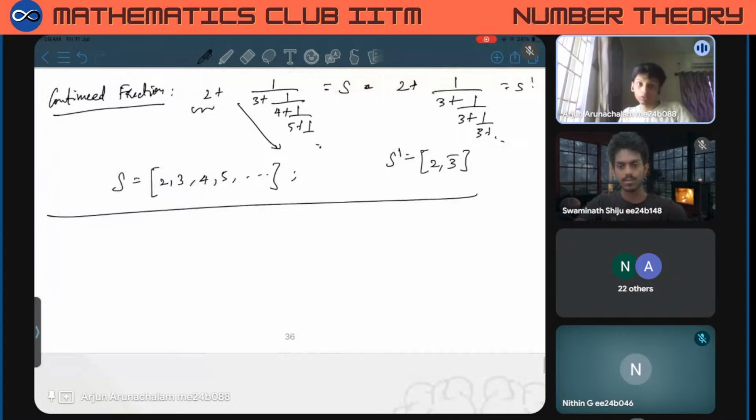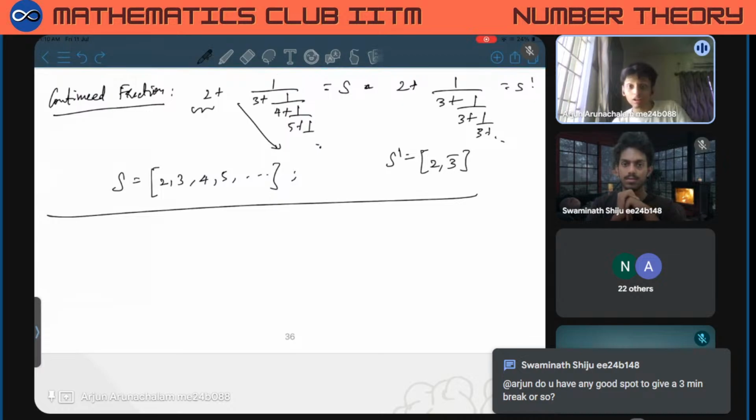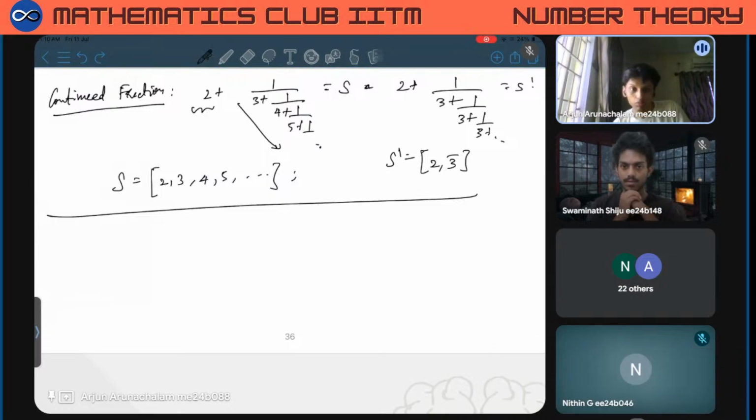And what is so good about a continued fraction is that s obviously here keeps on going, right? So it's not a rational number, because if it's a rational number, then the expansion of that has to terminate at some point, right?